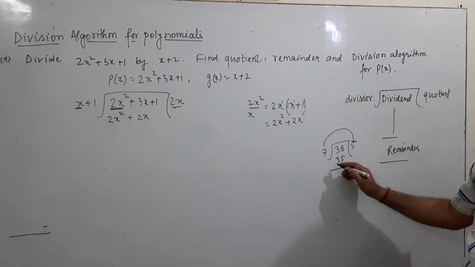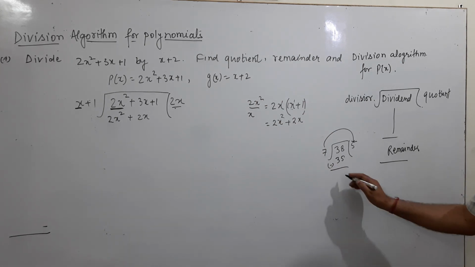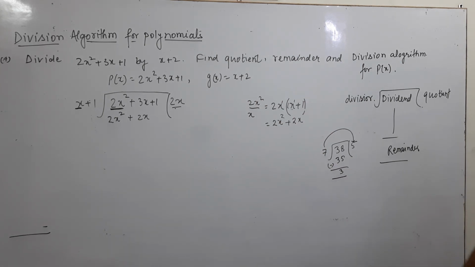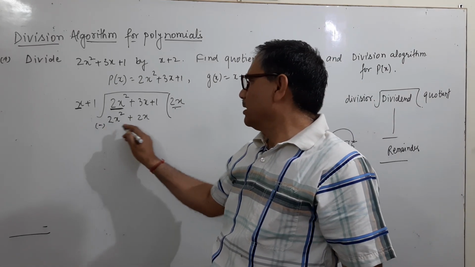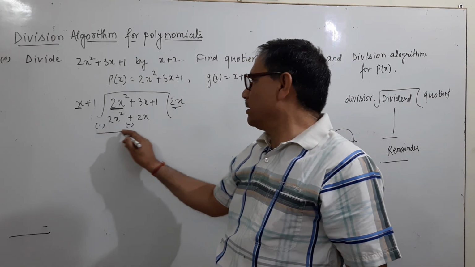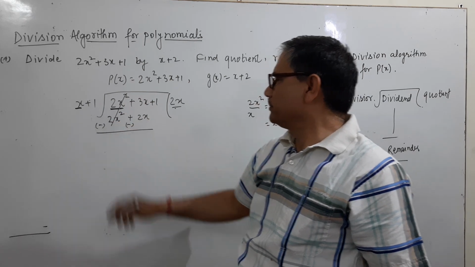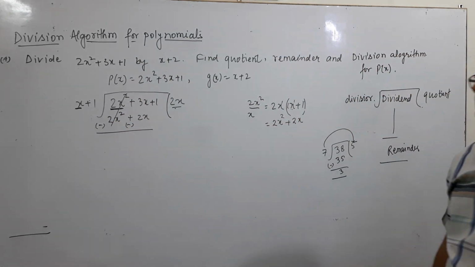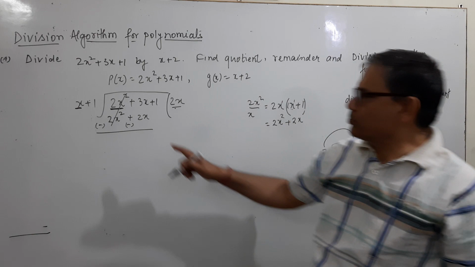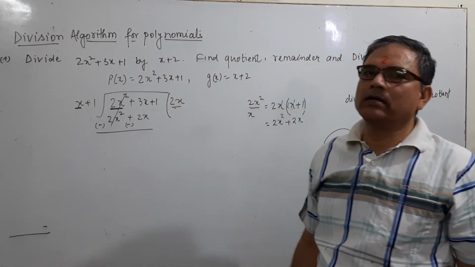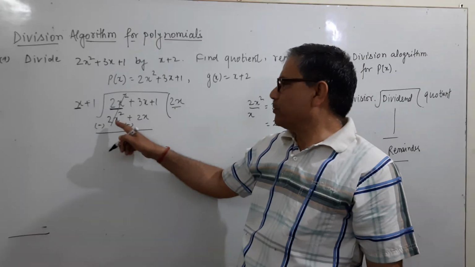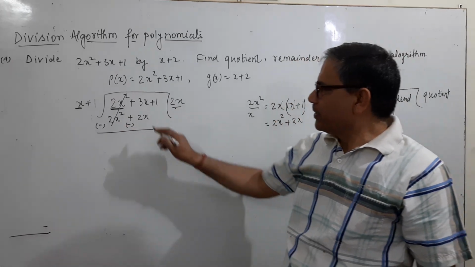After this, what do we do? Subtract. Put the minus sign and the line. The 2x square cuts, because one is positive and the other is negative, they cancel.